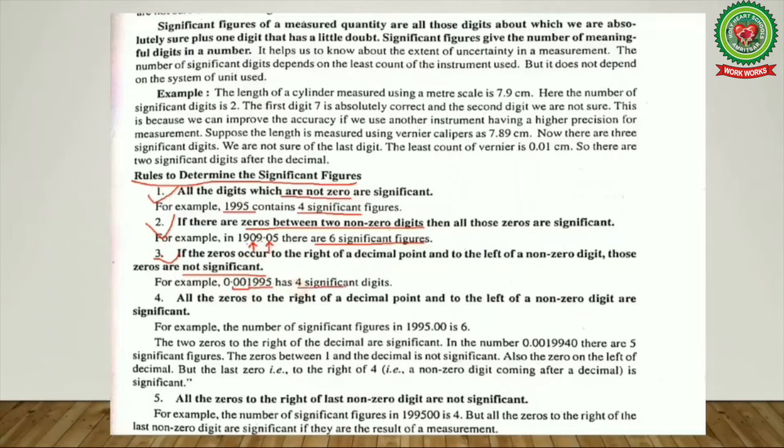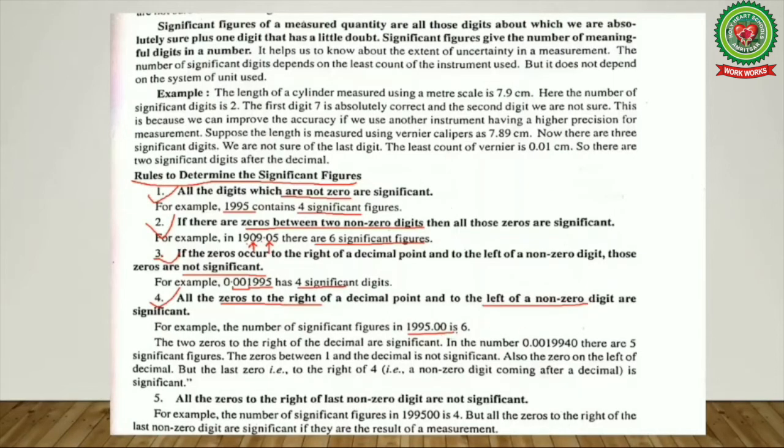4 significant figures. Rule number 4, all the zeros to the right of a non-zero digit and to the right of the decimal point are significant. For example, in this case these two zeros are also significant because they are to the right of the decimal point and after a non-zero digit.